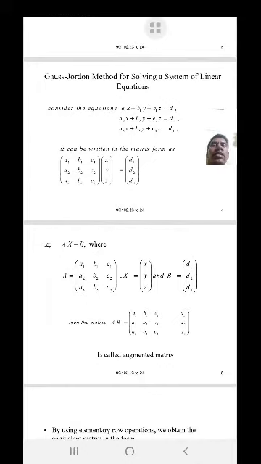It can be written in the matrix form as [a1 b1 c1; a2 b2 c2; a3 b3 c3] into [x y z] equals [d1 d2 d3]. That is AX equals B, where A is the matrix [a1 b1 c1; a2 b2 c2; a3 b3 c3], X equals [x y z], and B equals [d1 d2 d3].